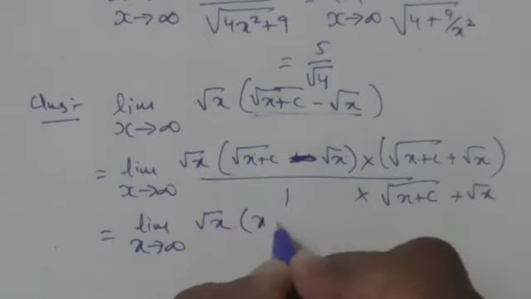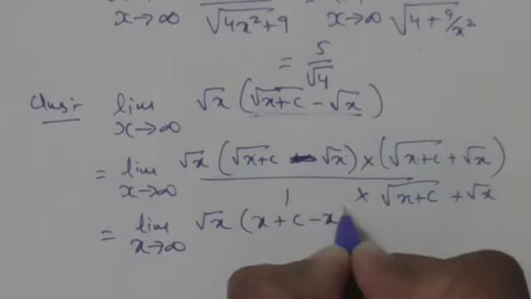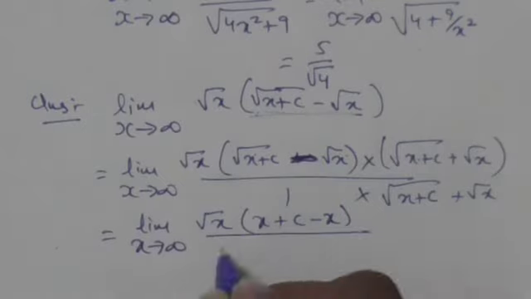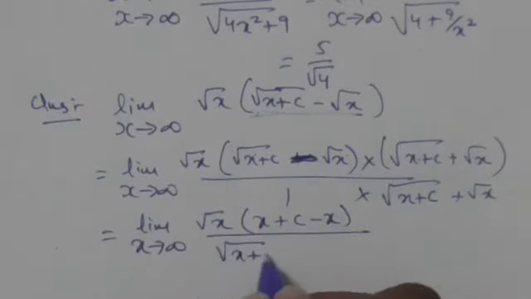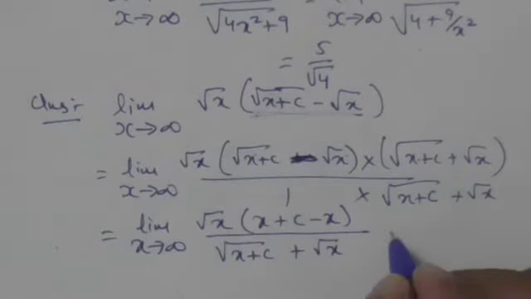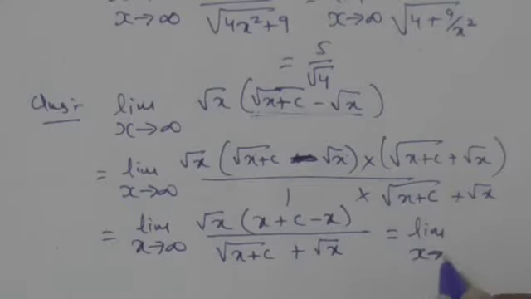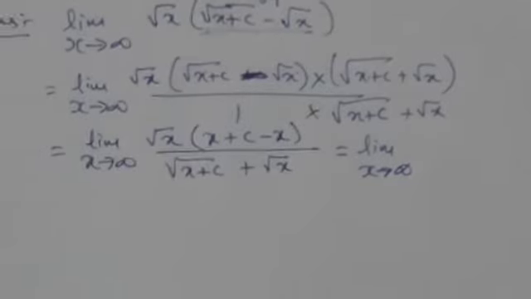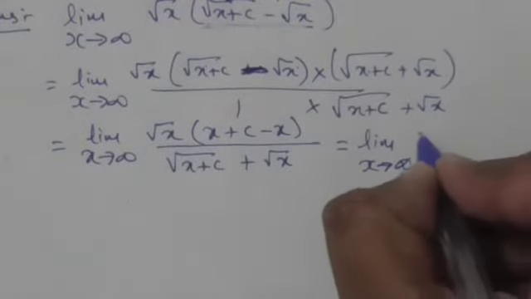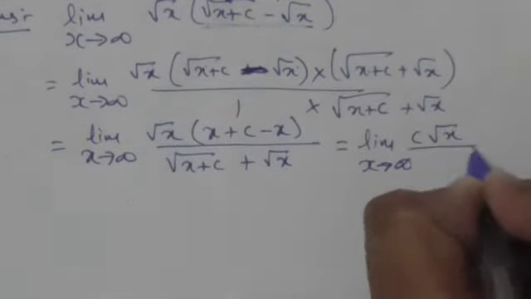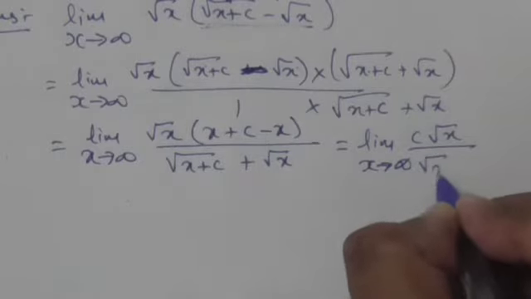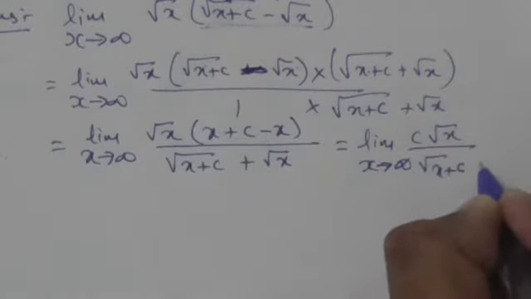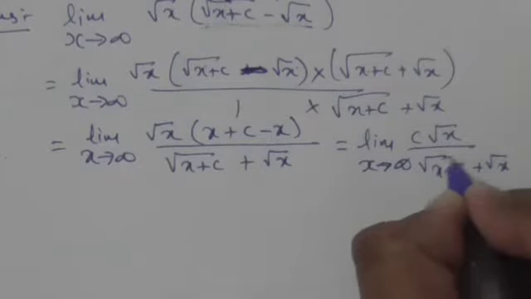So it will be equal to x plus c minus x upon root x plus c plus root x, and it is equal to limit x tends to infinity c upon root x plus c plus root x.